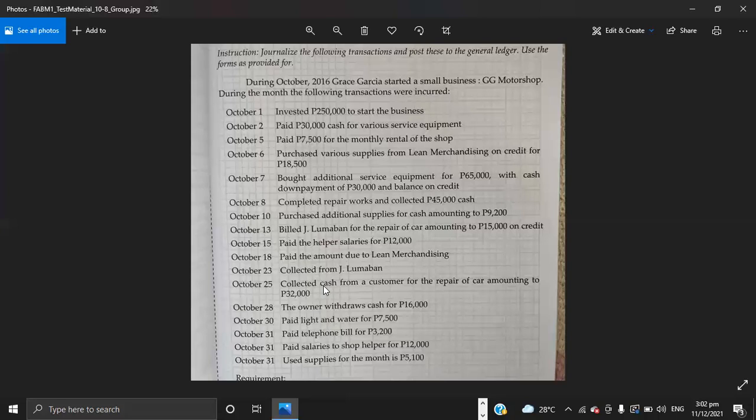Okay, October 25, collected cash from customer from repair of car amounting to 32,000. Collected cash, so that's mentioned already. The owner withdraws cash for 16,000, paid light and water for 7,500, telephone bill for 3,200, paid salaries to shop helper 12,000, used supplies for the month is 5,100.